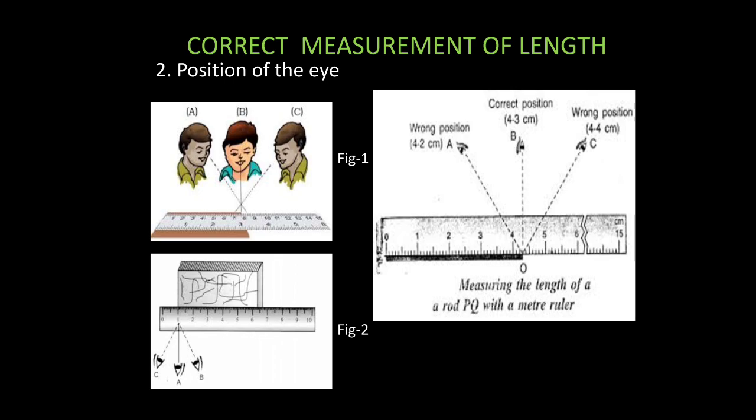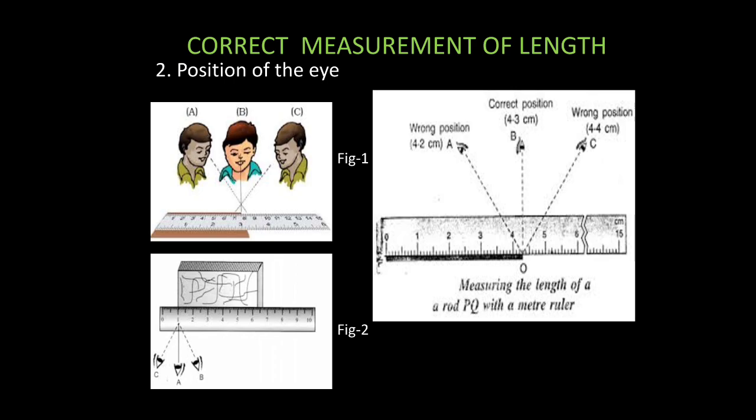Similarly, in figure 2 also, they are trying to measure a box, right? So in both the cases, just look at the picture given on the right hand side. A, B, C, ultimately they find out the answers. A found 4.2, B 4.3, and C found 4.4 centimeter.